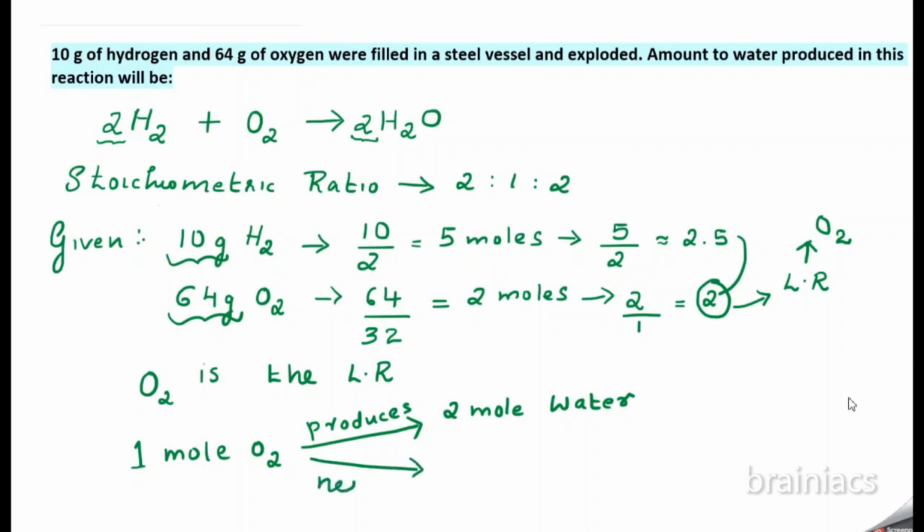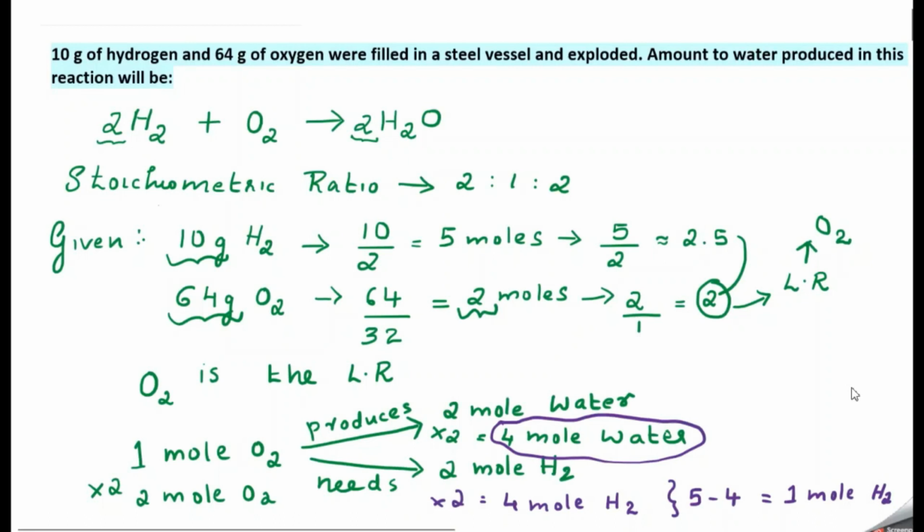It needs 2 mole hydrogen, to produce 2 mole of water. Now in this question, I only want to find out how many moles of water is produced. Correct. So I will only speak with respect to water. So 1 mole O2 produces 2 mole of water.